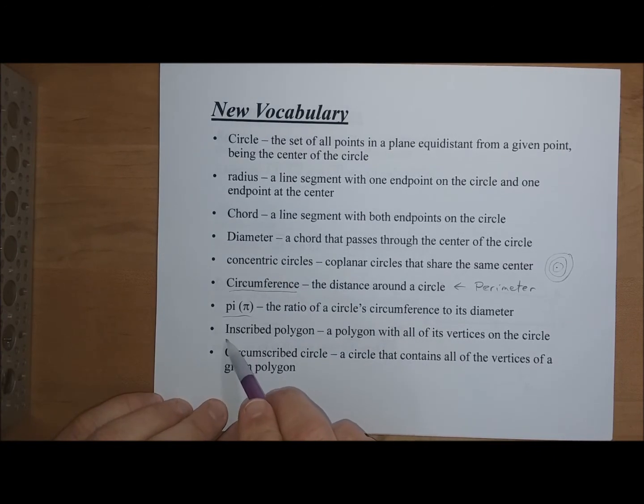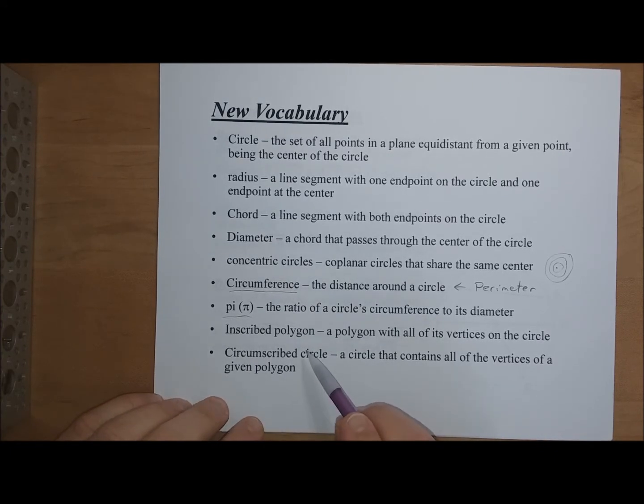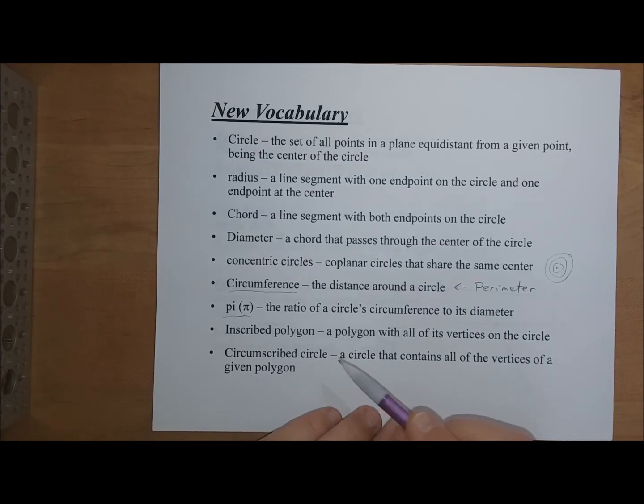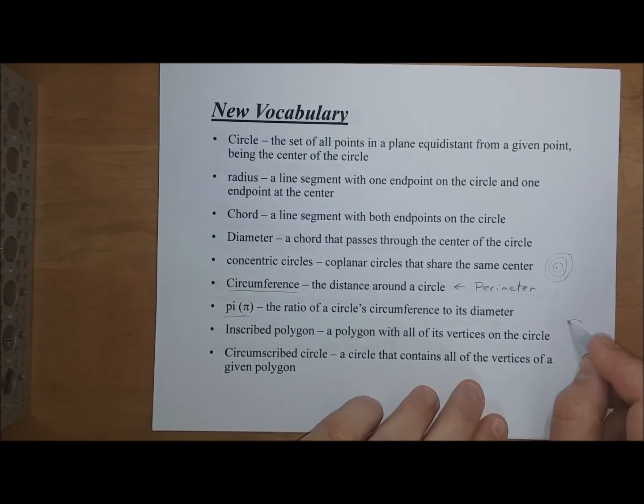Now I'm just introducing inscribed polygons and circumscribed circles here, even though we're going to use them more in future lessons. But an inscribed polygon is a polygon with all of its vertices on the circle. So I'll just give you a quick example. If we have a circle here and I drew a triangle and the vertices were all on the circle, I would say that that triangle is inscribed.